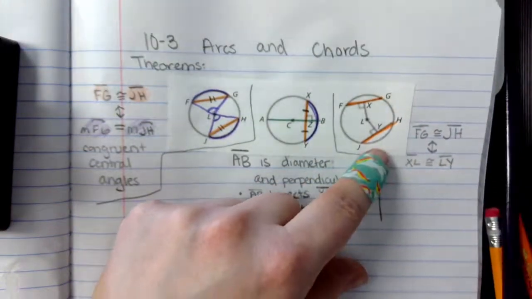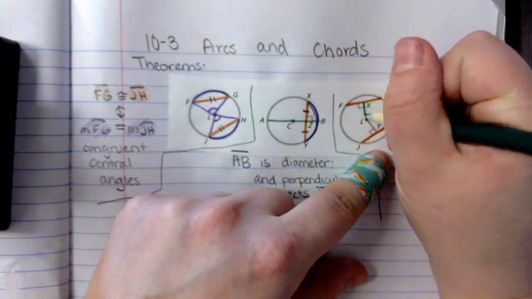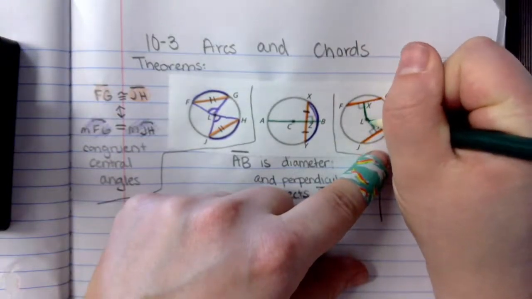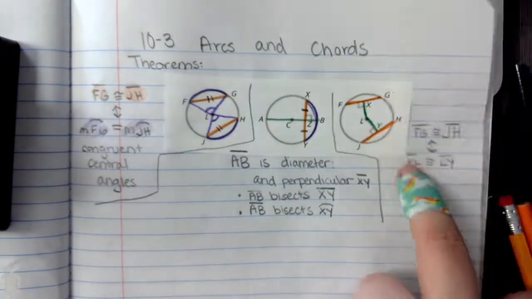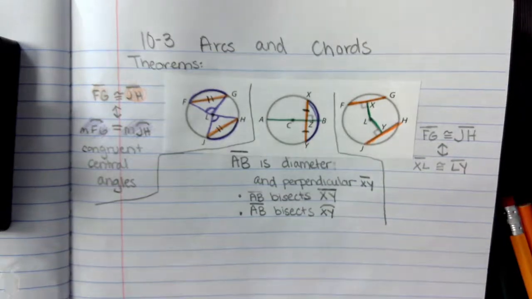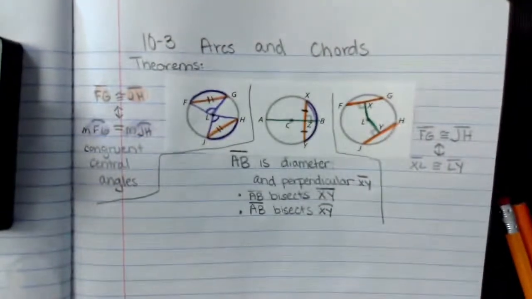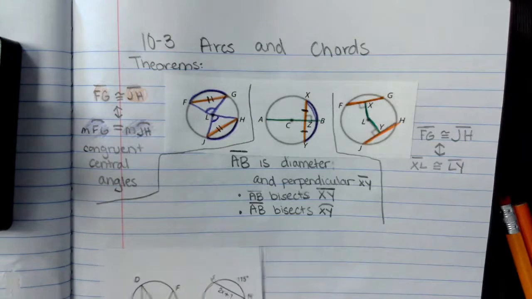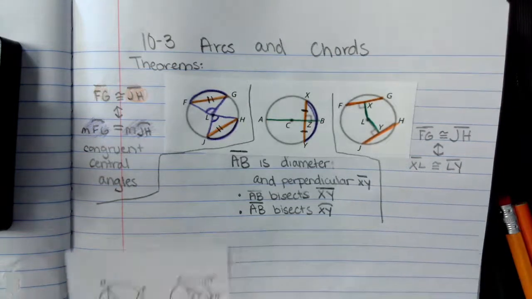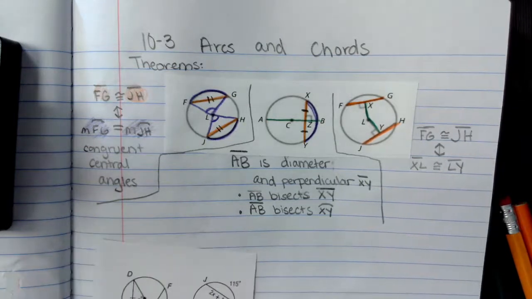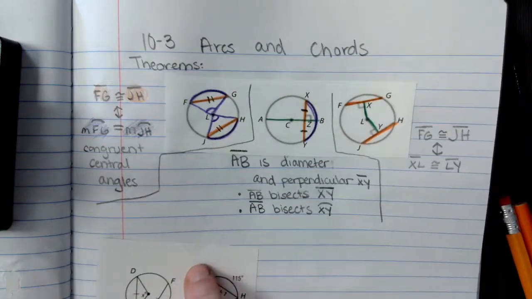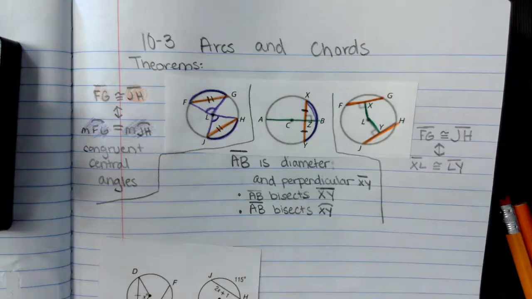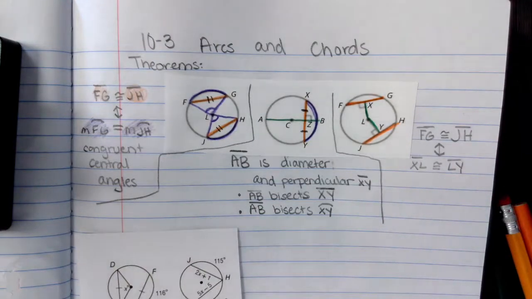I would glue it in, leaving some room on the right side. This first one is going to be really important just with the way that it looks. It looks a little bit different than what we're used to.